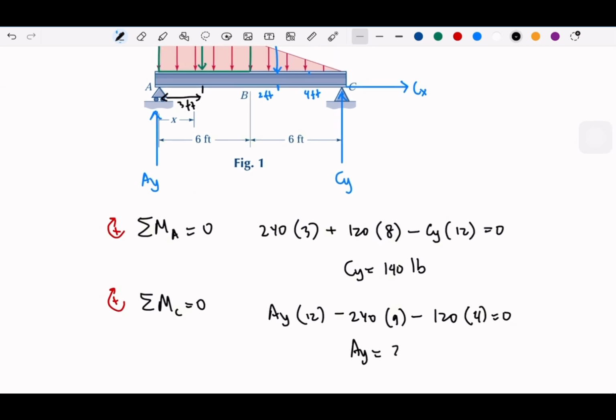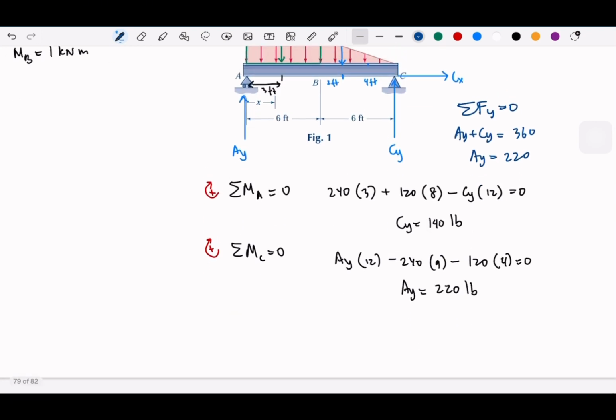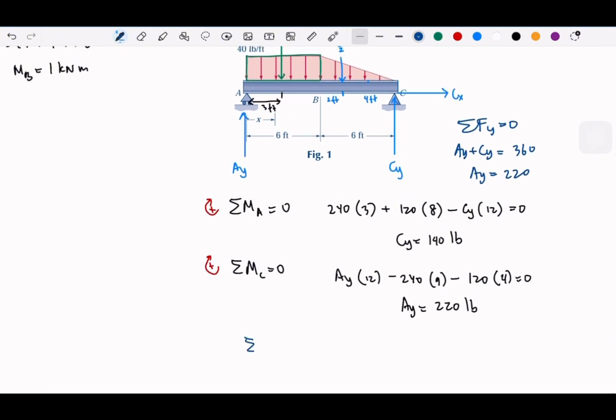Ay is 220, or basically you can use sigma Fy equals 0: Ay plus Cy equals 360. So Ay is 220, the same. Then the sigma force in the x-axis equals 0, so Cx will be 0.